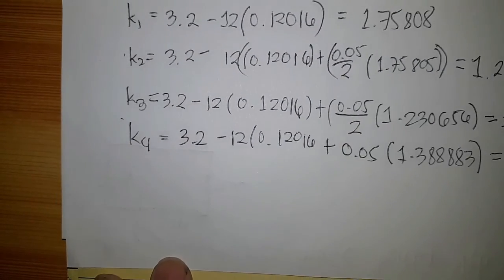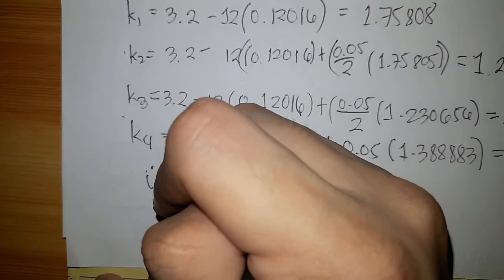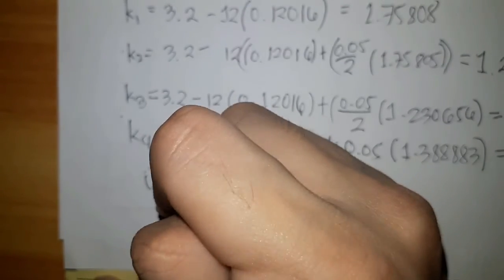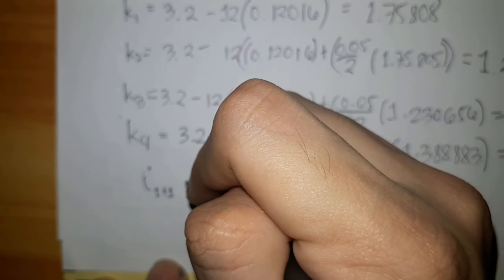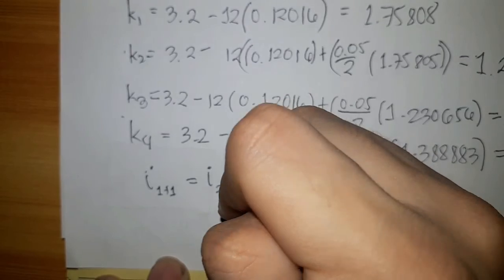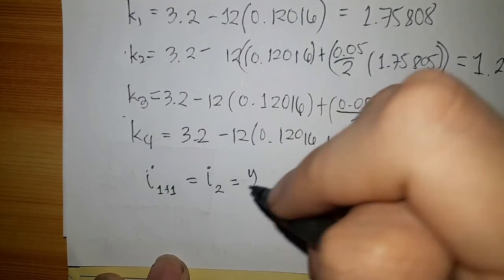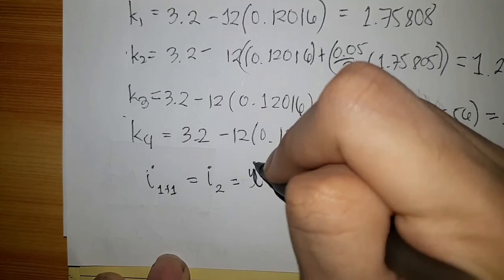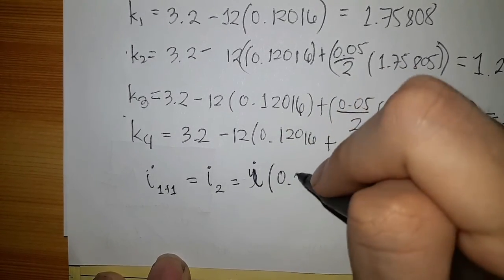So we are now going to obtain I sub 1 plus 1, which is equal to I sub 2. So this one is equal to y, or I, in which t is equal to 0.1.